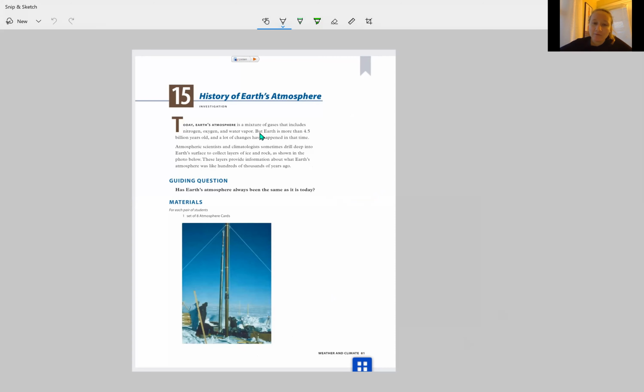But Earth is more than 4.5 billion years old, and a lot of changes happen in that time. So over time, there's been a lot of changes, which is very obvious because dinosaurs used to walk on Earth. And of course, dinosaurs do not walk on Earth anymore.